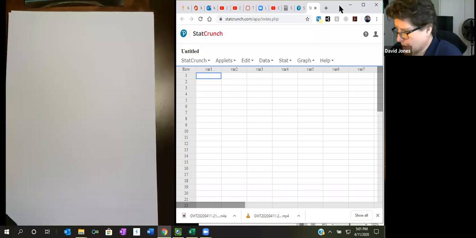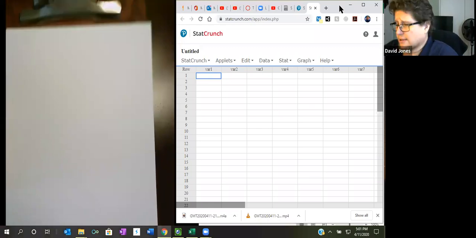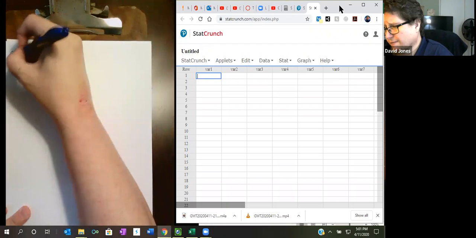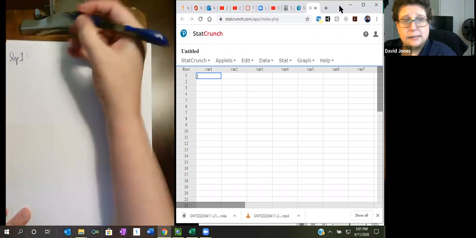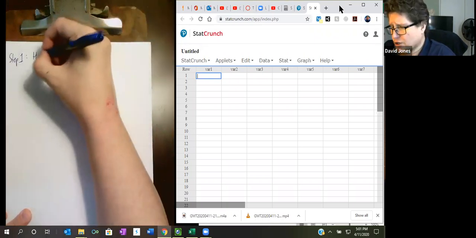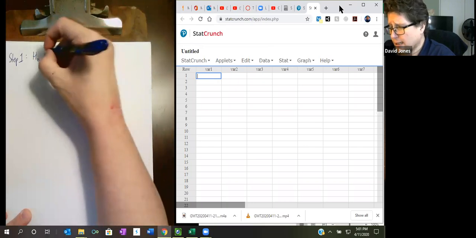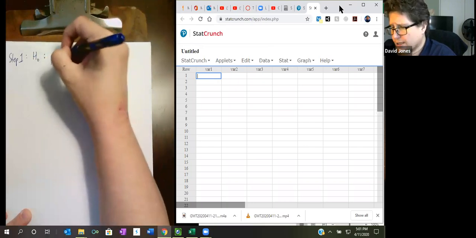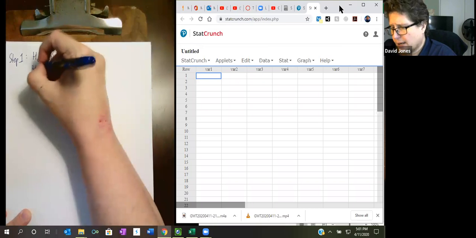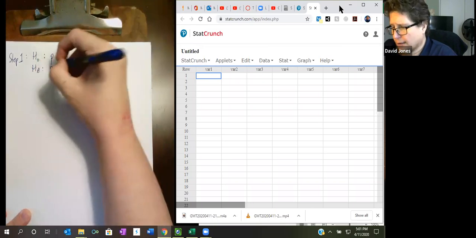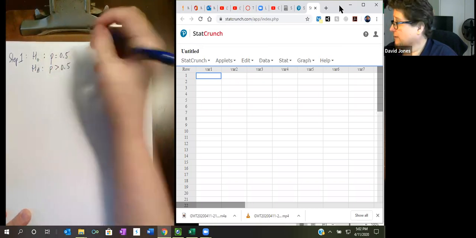So let's look at our test. Step 1, identify H0 and HA. We said H0 was the statement of equality. The proportion is 0.5. HA was that the proportion was greater than 0.5.